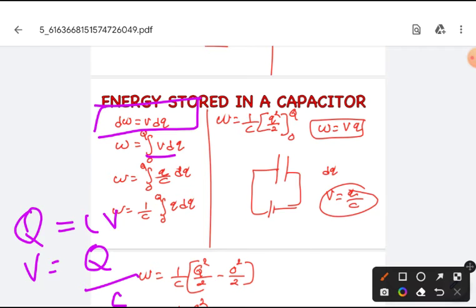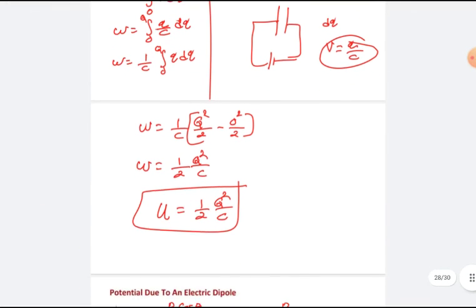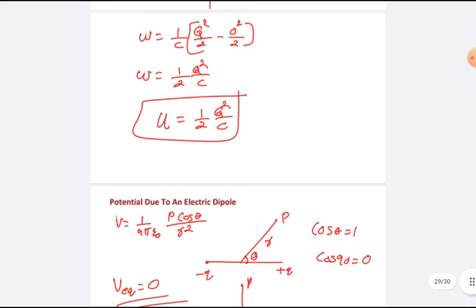So W is equal to 1 by C, then on integrating, we will get Q square by 2 minus 0 square by 2. U is equal to half Q square by C.